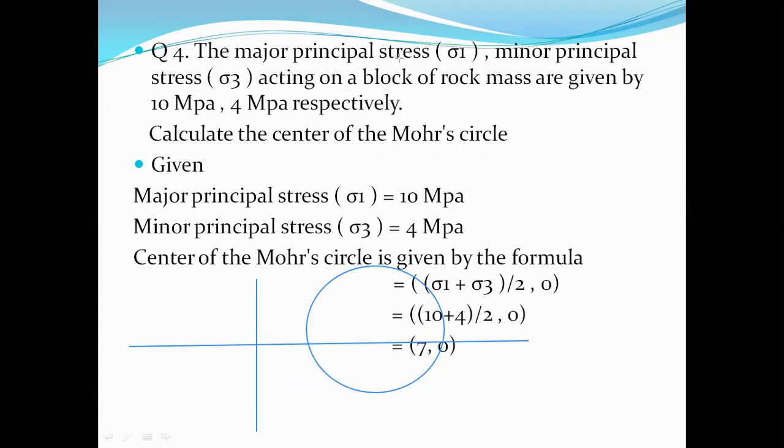So the minor principal stress is nothing but this value, which is 4 megapascals. And this value is 10 megapascal. So from the origin to this is 4, and from the origin to this is 10. So now, 10 minus 4 gives this part.